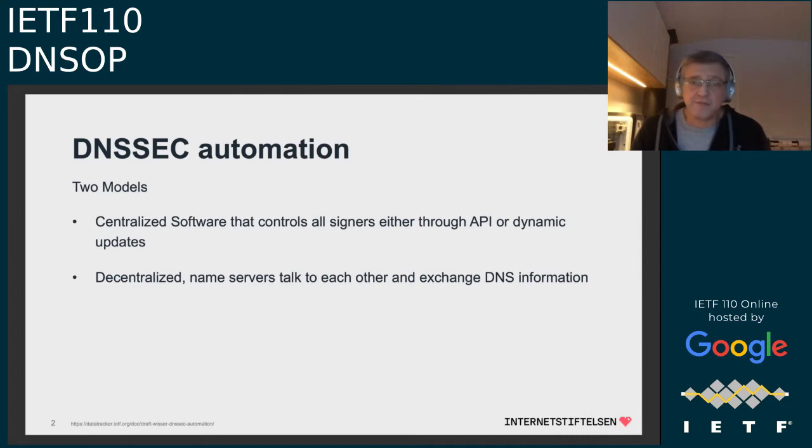We have actually implemented this with deSEC, and we tried this with PowerDNS through their web API, and this works. At this point, I was going to say that PowerDNS doesn't support CSYNC, and we're waiting on Peter to merge it. But obviously, he knew that I was going to say this and merged it today. So we're going to try this next week, even with CSYNC and PowerDNS.